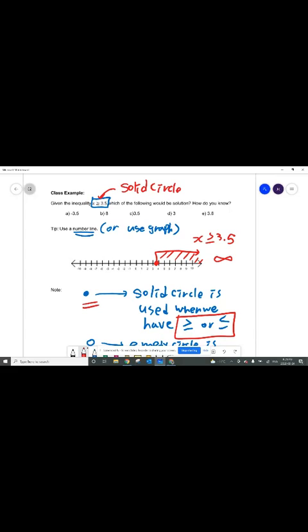Anything else, up to positive infinity, that belongs to this shaded area, belongs to the solution. So I can say negative 3.5 is not a solution. 8 is located in the shaded region, so it is a solution. 3.5 is a solution because that is exactly the dot position over there. 3 is below, so that's not a solution. 3.6 is a solution.